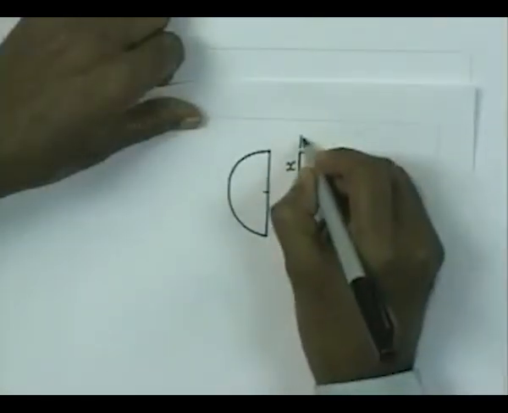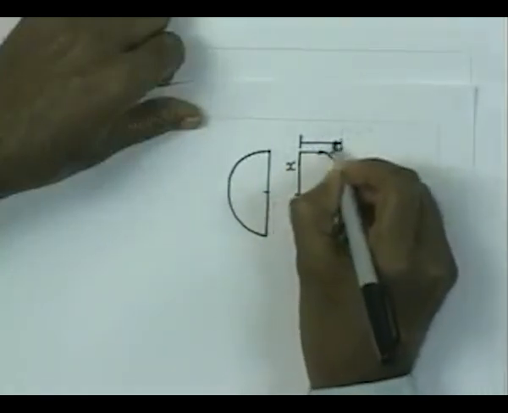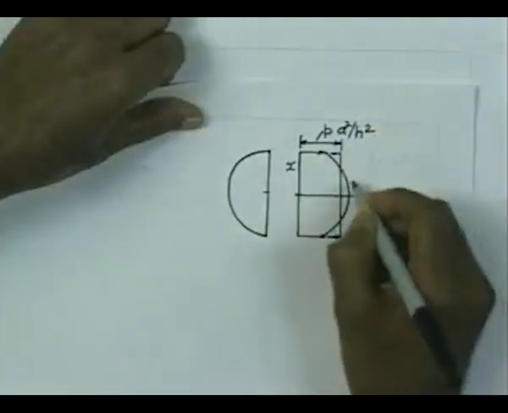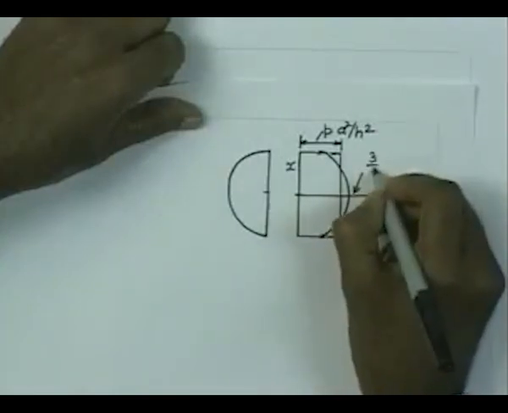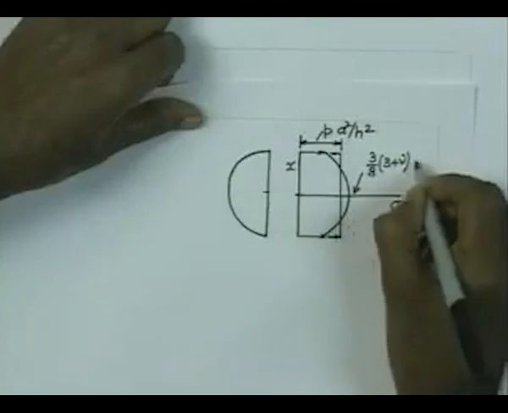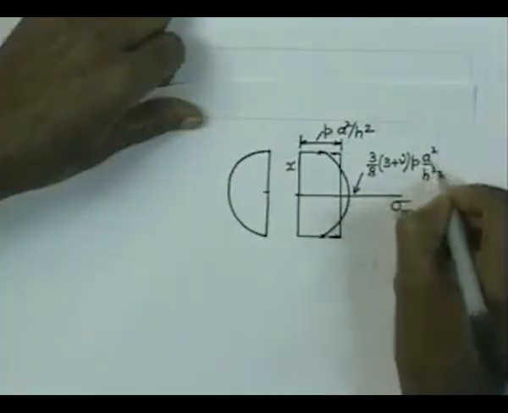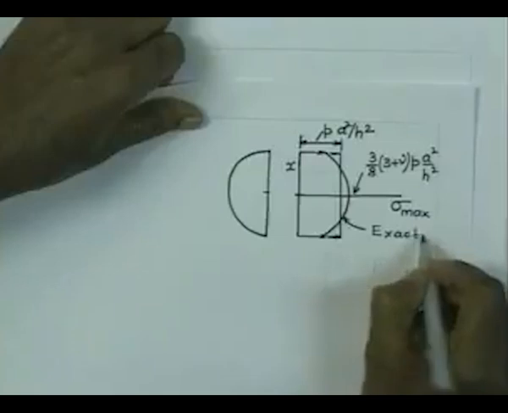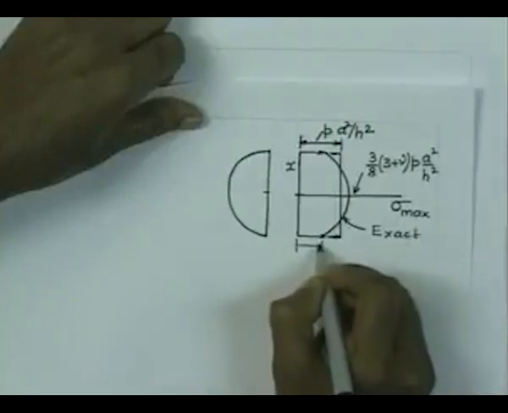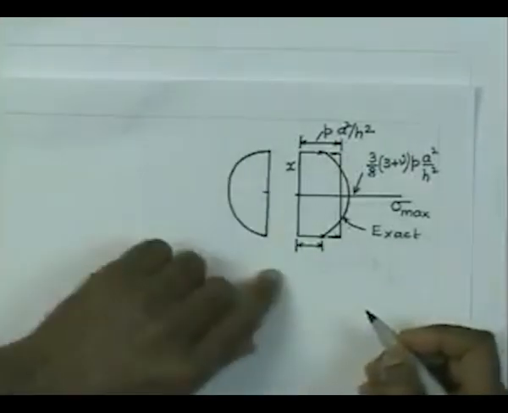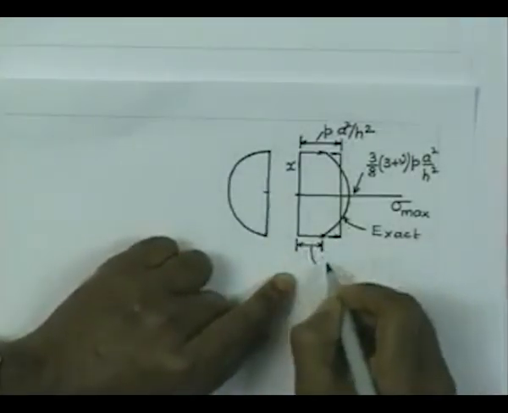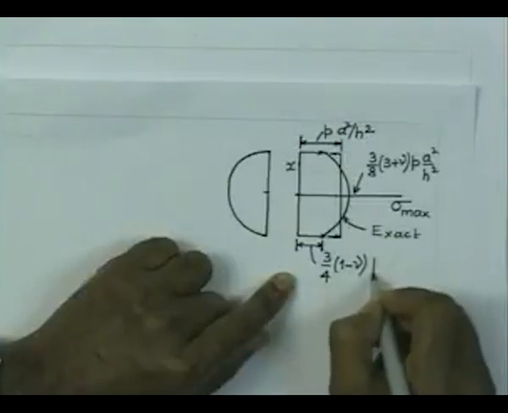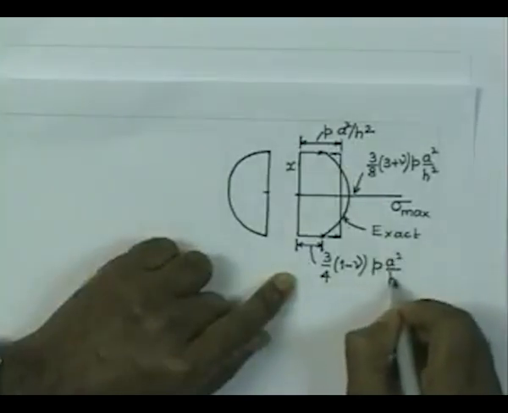So, this is the approximate value that we have got, P a square by h square, and this value is nothing but 3 by 8, 3 plus nu P a square by h square, and this is our exact distribution, and this magnitude here, which is at the outer edge, which is much lower, is nothing but 3 by 4 into 1 minus nu P a square by h square.